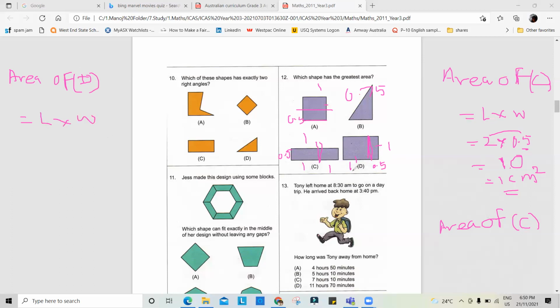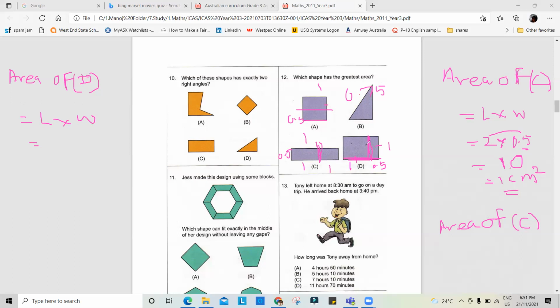What is the length? The length is this length, right? 2. 2 is this much, and this is bigger, right? Then make it half. This one is 1, 1.